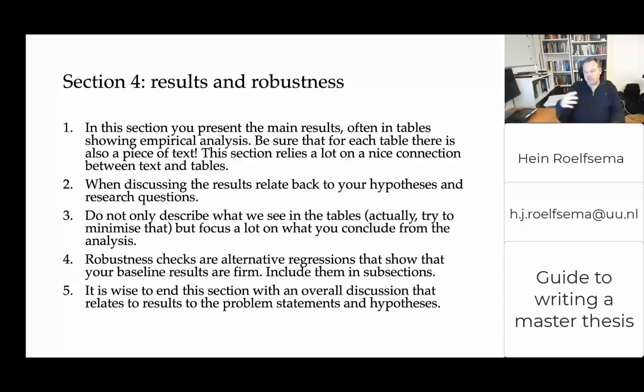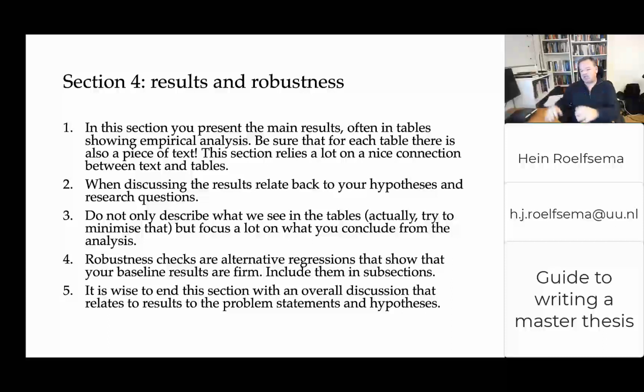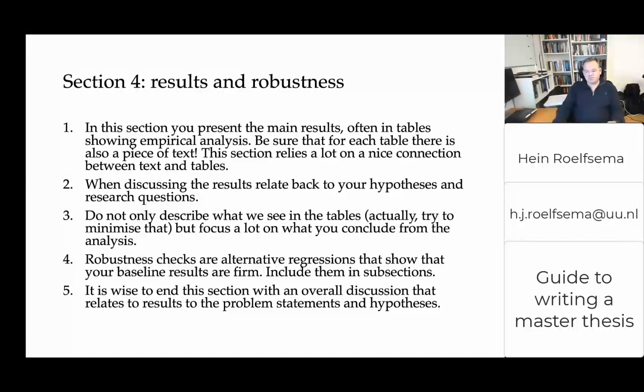Or if I use this subset, does it disappear? So you can do a few robustness checks with different specifications to see how robust the results are. You can make them subsections, but at least it is a good strategy to have baseline results, different specifications, and to see how robust the results are.